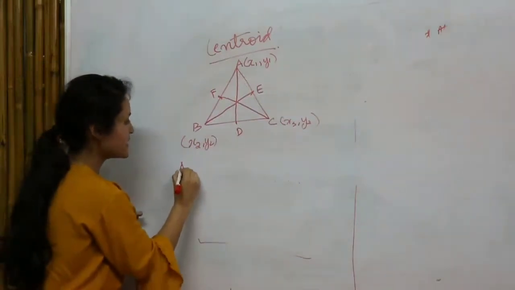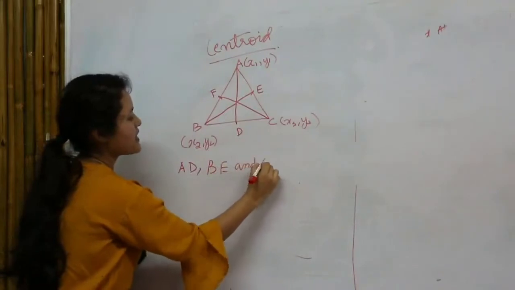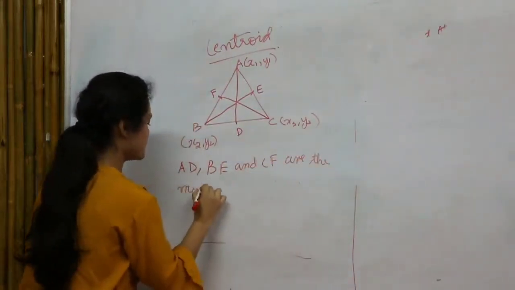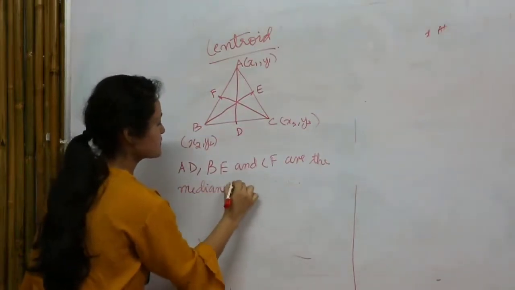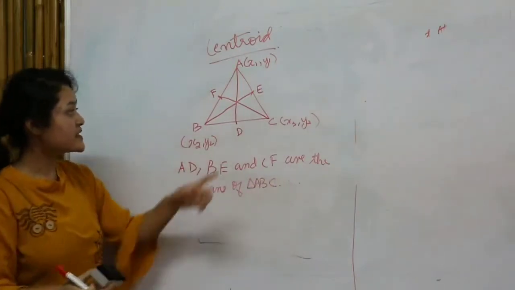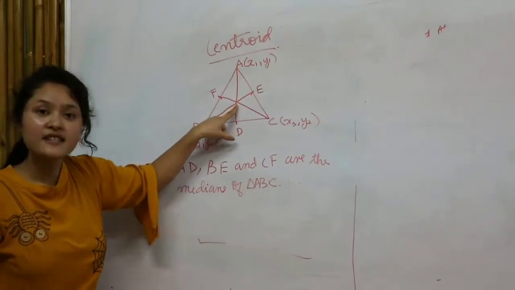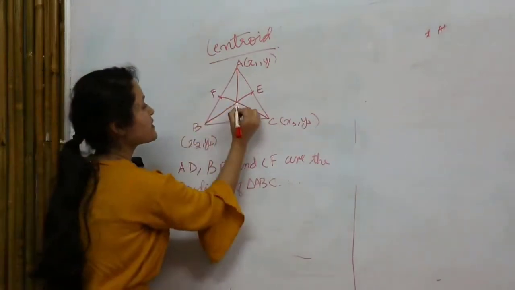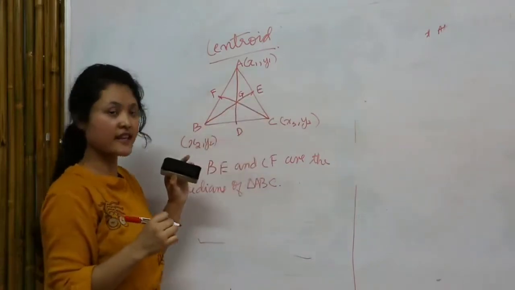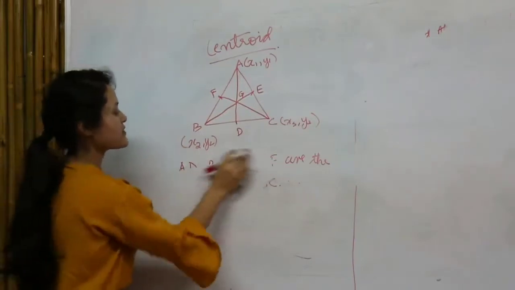That means this AD, BE and CF are the medians of the triangle ABC. So you see here, these medians, they all intersect at this common point. So this point we call it the centroid. Okay. And the coordinates of this centroid is given by, I'll just write here.